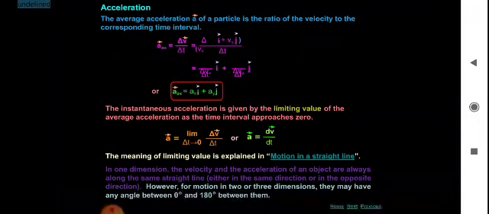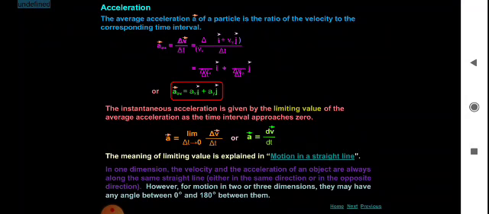We split the terms: delta vx divided by delta t into i cap, plus delta vy divided by delta t into j cap, that is, vector a is equal to ax i cap plus ay j cap.